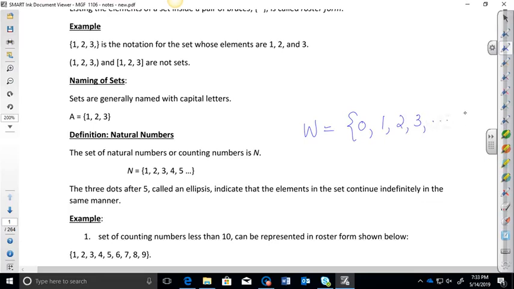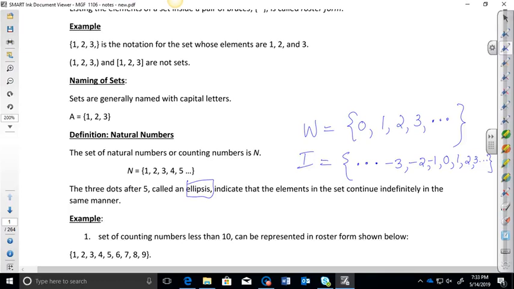These 3 dots, what does that mean? It means it continues, right? It doesn't stop. And there is a name for that, ellipsis. You put exactly 3 dots to show that it continues. And integers, the set of integers, you need 3 dots at the beginning and 3 dots at the end because it doesn't have any beginning, doesn't have any end.